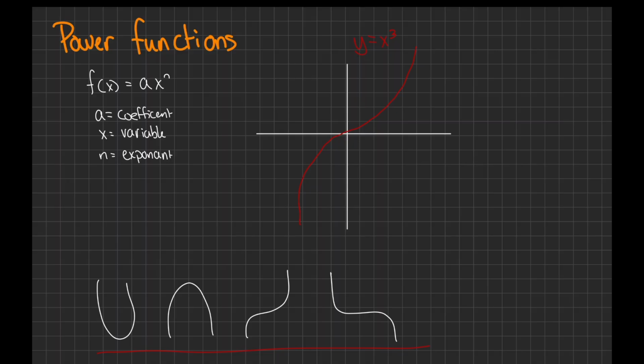You might be wondering, what does that have to do with polynomial functions? Well, in fact, a polynomial function is just multiple power functions added to each other, like this. But of course, it's never that simple. So for a polynomial function, our general form will be a_n x to the power of n, plus a_(n-1) x^(n-1).